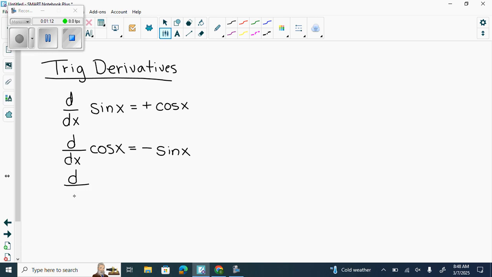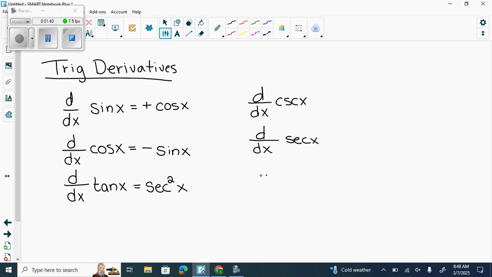The derivative of tan x is secant squared x. Okay, so cosecant and cotan we know will be what?